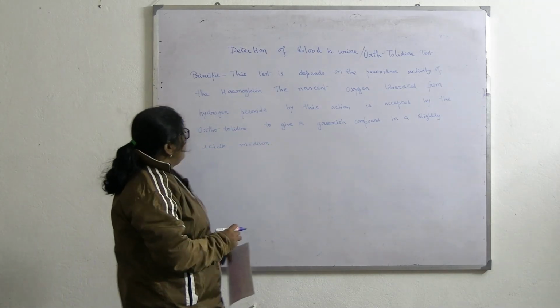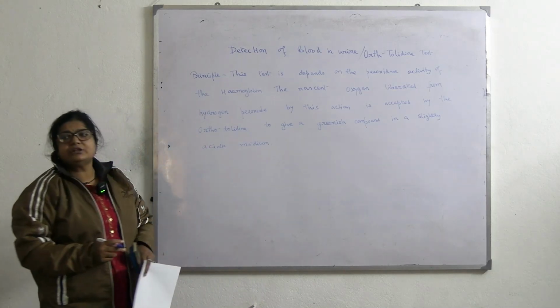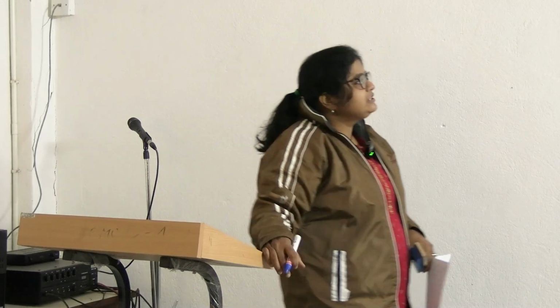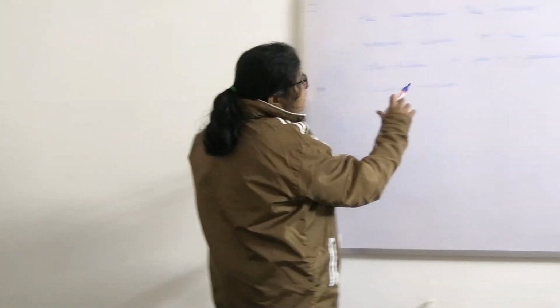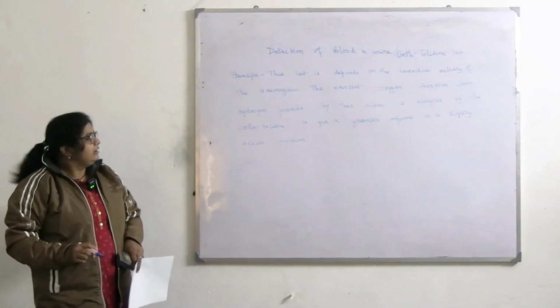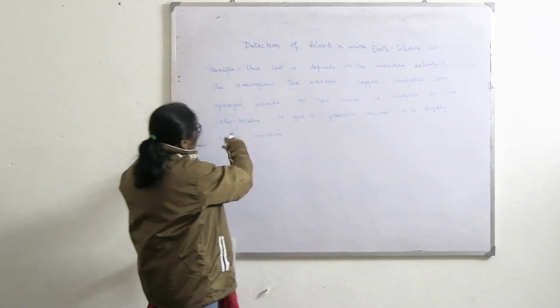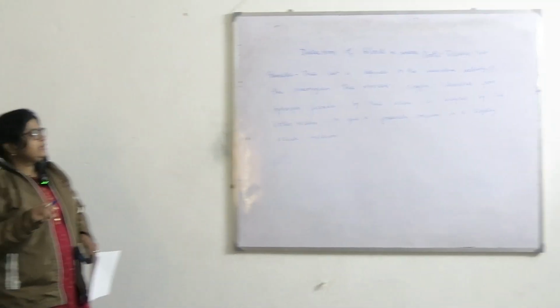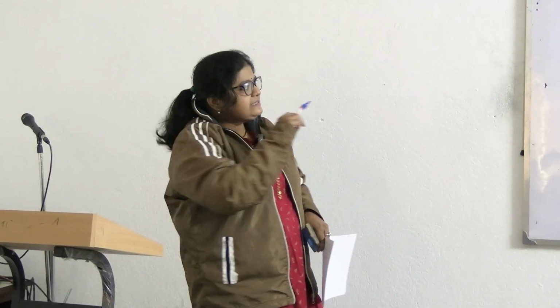So, what is the principle? This test depends on the peroxidase activity of the hemoglobin. Hemoglobin contains peroxidase enzyme which has peroxidase activity, and this peroxidase activity forms nascent oxygen. Whenever H2O2 or hydrogen peroxide is given in the solution, the peroxidase activity of the hemoglobin produces nascent oxygen and water, and this nascent oxygen with ortho-tolidin reagent forms a greenish compound, and it is the basis of this test.